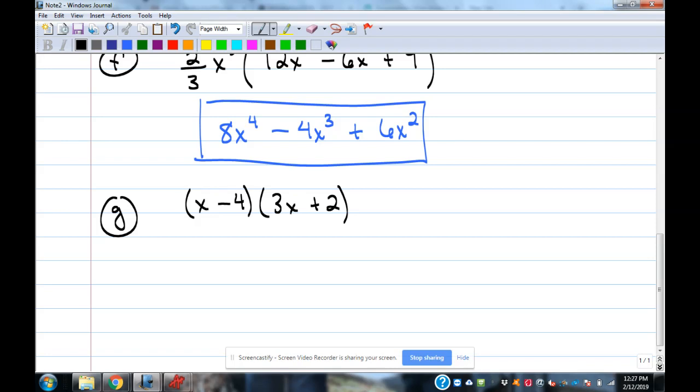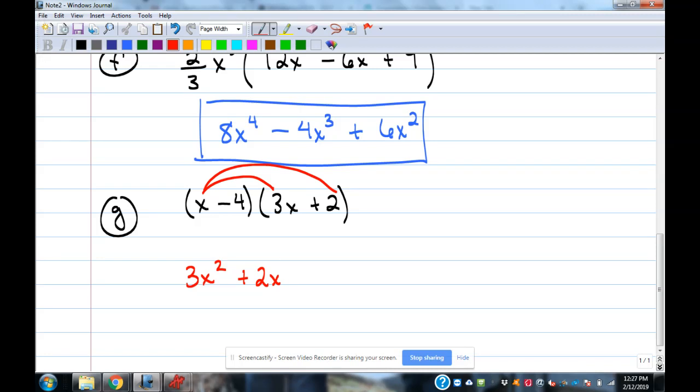So we're going to distribute x to everybody. X times 3x is 3x squared. X times positive 2, so plus 2x. Okay, that's one distributive property. Remember we said this has got 2 terms, so we're going to do it twice.